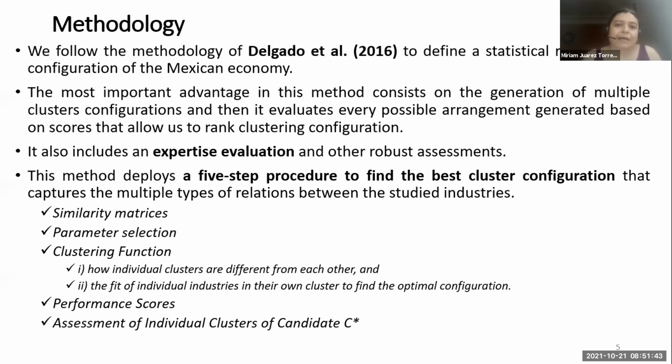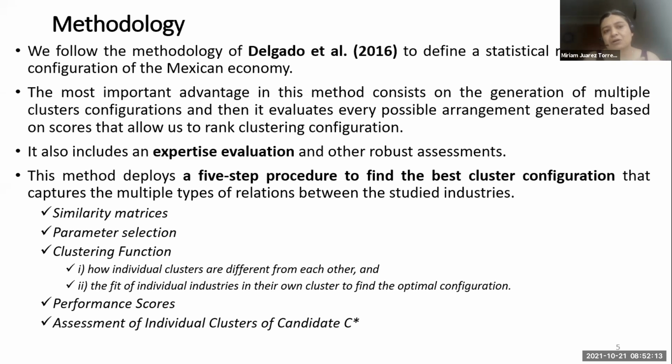So in terms of the methodology, we follow the methodology of Delgado that defines a statistically robust cluster configuration. The most important advantage of this method is that it evaluates different possible arrangements of clusters generated based on scores, and this allows us to rank the clustering configurations.